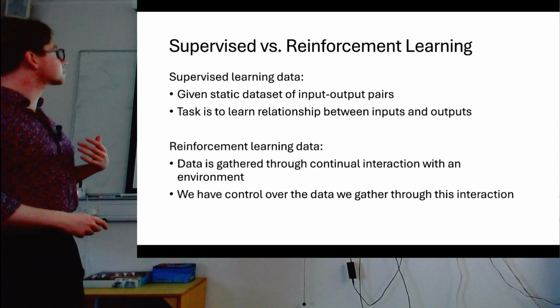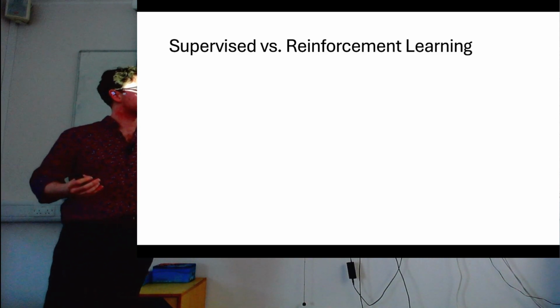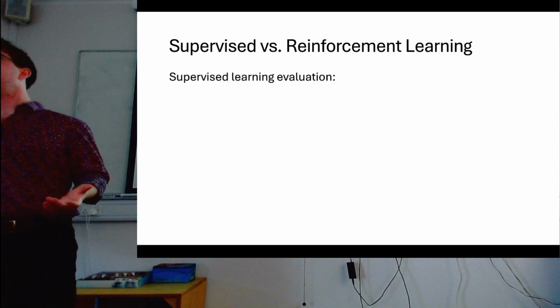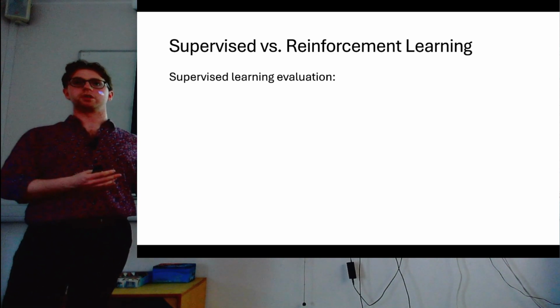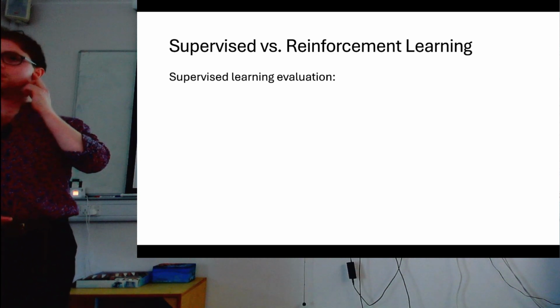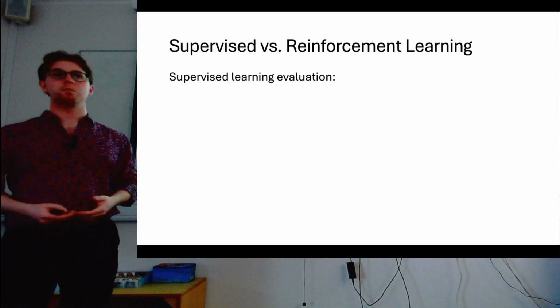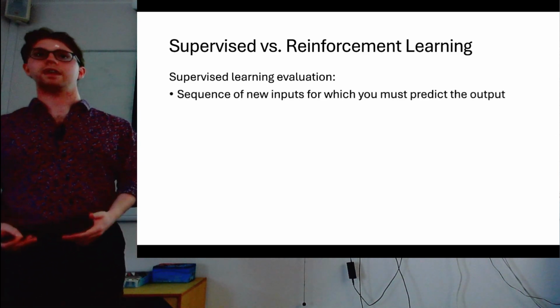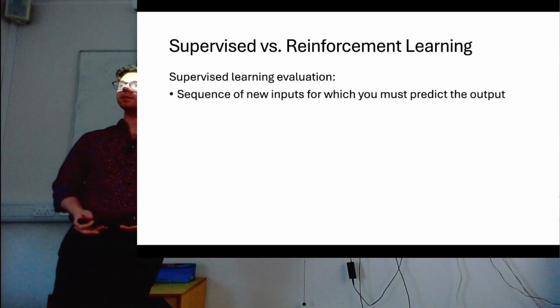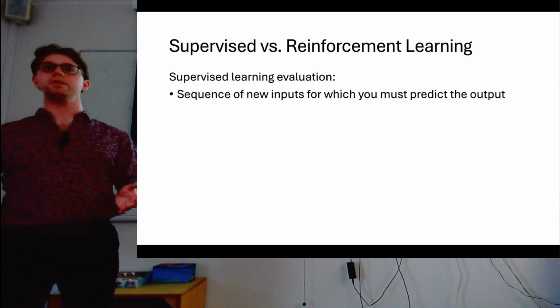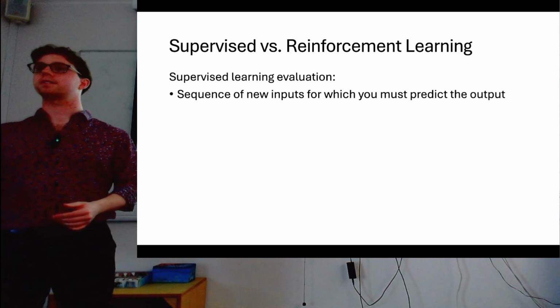Okay, so the second axis we're going to look at these on is evaluation. How do we know that we're doing a good job in either of these cases? For supervised learning, doing a good job means that if I give you a fresh set of inputs, then on each one of those inputs, you give me the correct label.